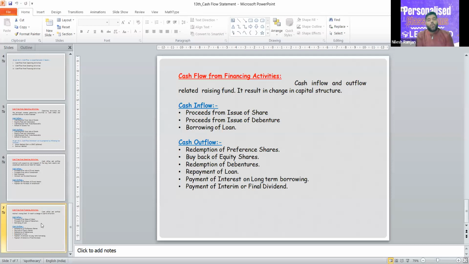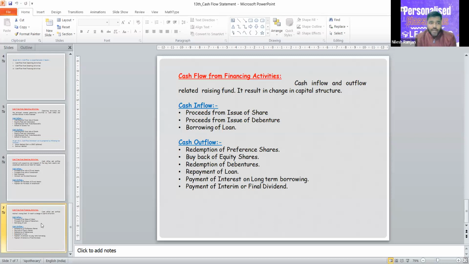Now, what is operating activities? This is the most difficult part in cash flow statement, because investing and financing is just confusing. But yes, if you have to calculate cash flows from operating activities, this is the most difficult part in this chapter.